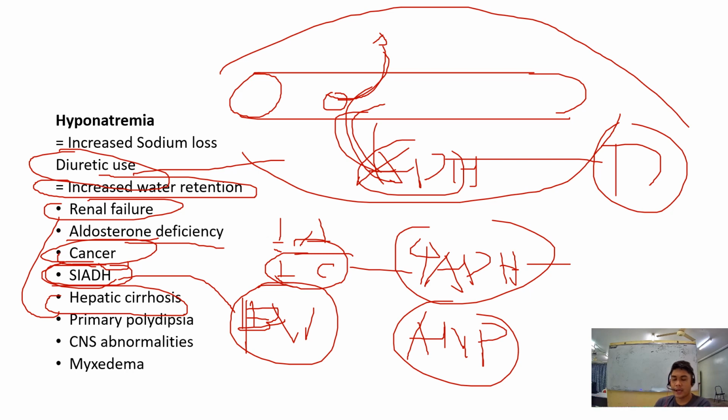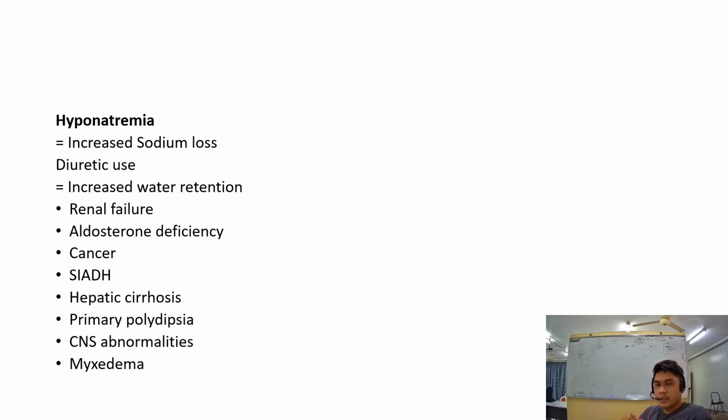And if you have a hypothalamic disorder, that's another cause of dipsogenic polydipsia, meaning there is continuous activation of the thirst mechanism.